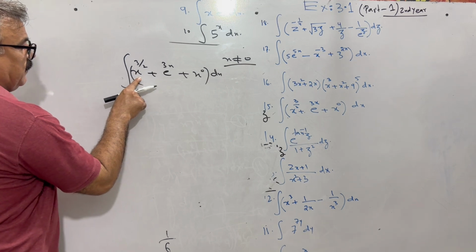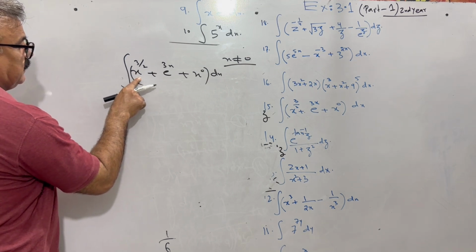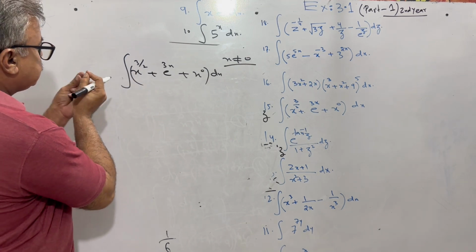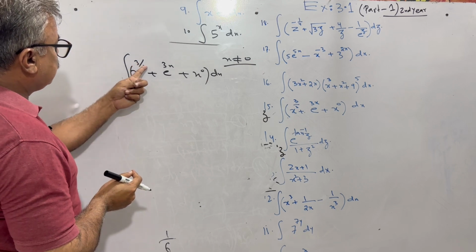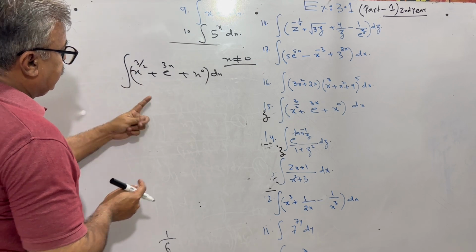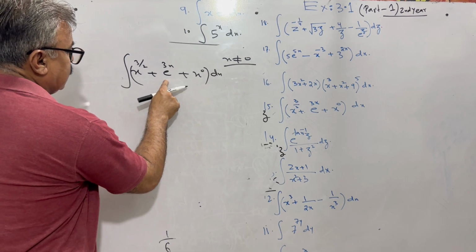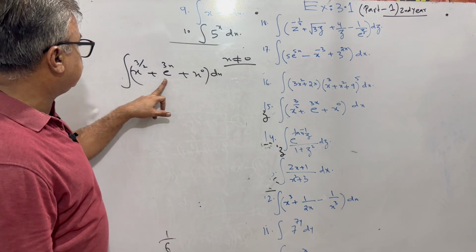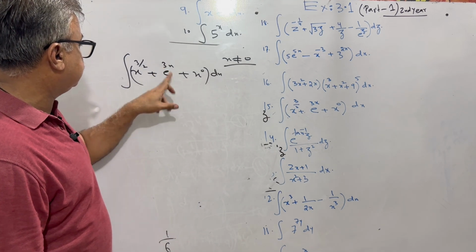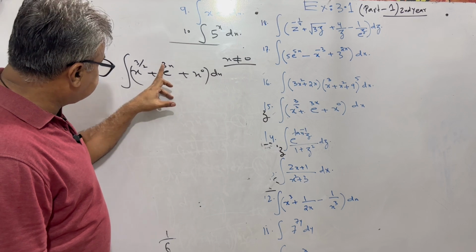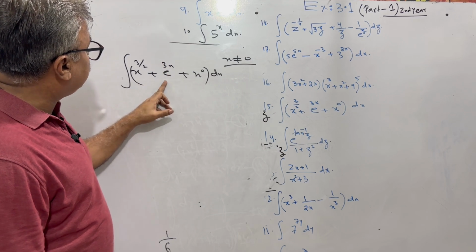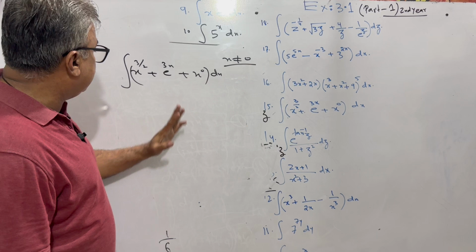Simple case: base variable, power constant, and there is single x. Add 1, it will become 5 over 2, divided with the same. There is x raised 0, so 0 plus 1 divided by 0 plus 1. This one, base constant, power variable, write same, divide with the differentiation of power, introduce base with ln.